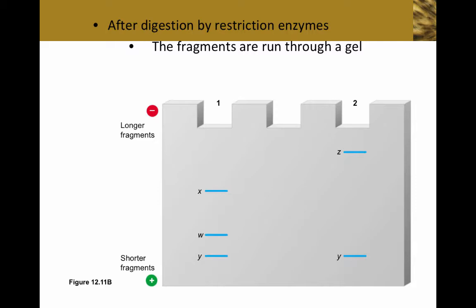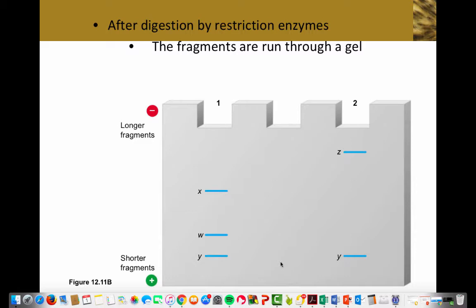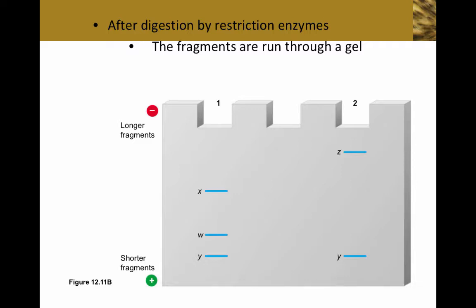So we do this by mixing them with restriction enzymes that break them up into smaller pieces, and then they can walk through. So this guy that's at the top, this is going to be a larger piece of DNA, and this is going to be a smaller or shorter piece of DNA. And then you can look at them, which is what we did in lab, right?